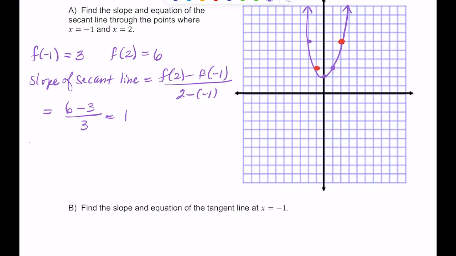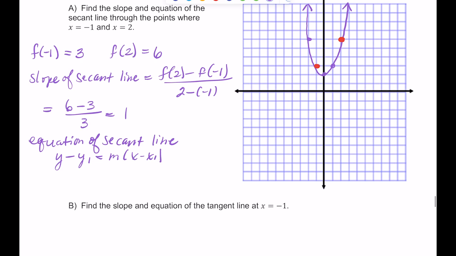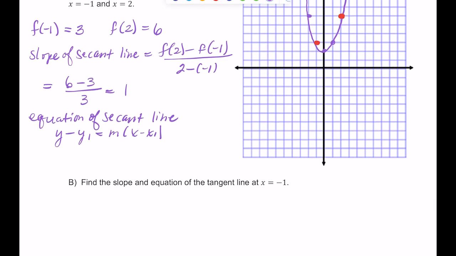How do I find the equation of the secant line? Well, remember, to find an equation of a line, you just need two things, a point and a slope, which is what you have. And we're just going to plug it into our trusty point slope formula. So here I'm going to use the point (-1, 3).